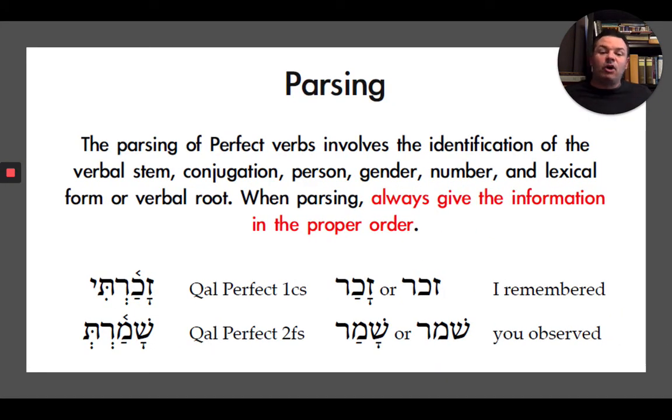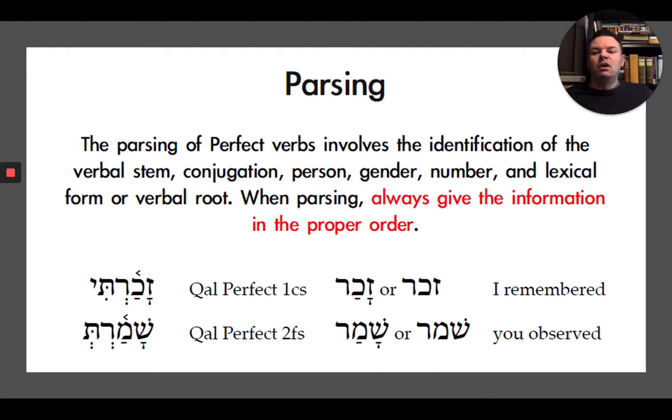So when I talk about parsing, like a parsing chart or a paradigm chart, we'll start parsing in the homework assignments. When parsing, what we're really trying to do is give the stem, the conjugation or the form, the person, the gender, the number, and then the root of the word.